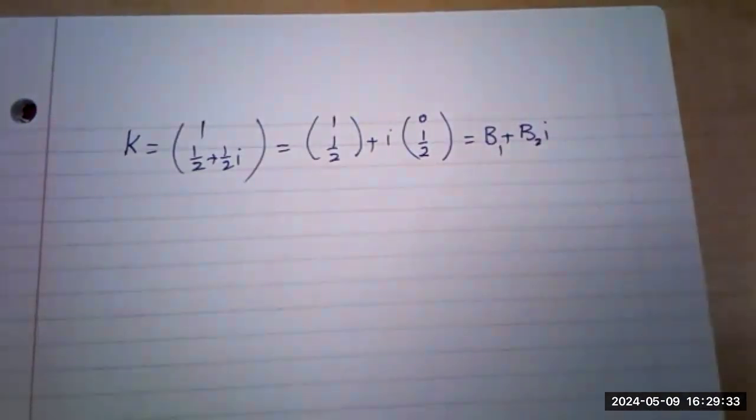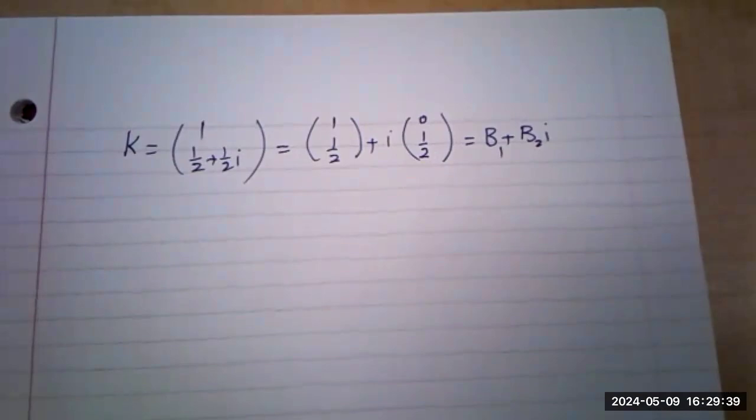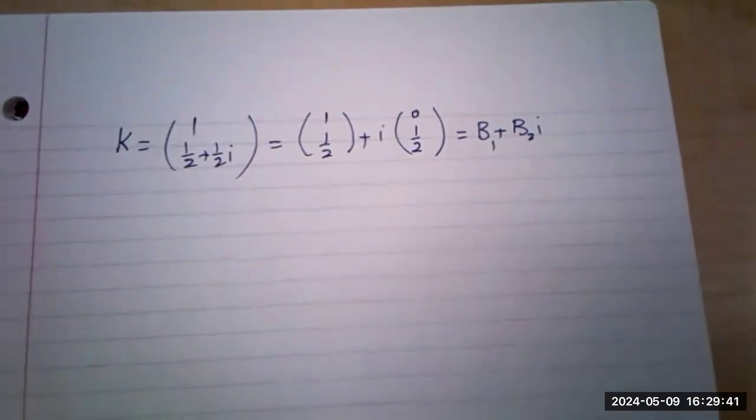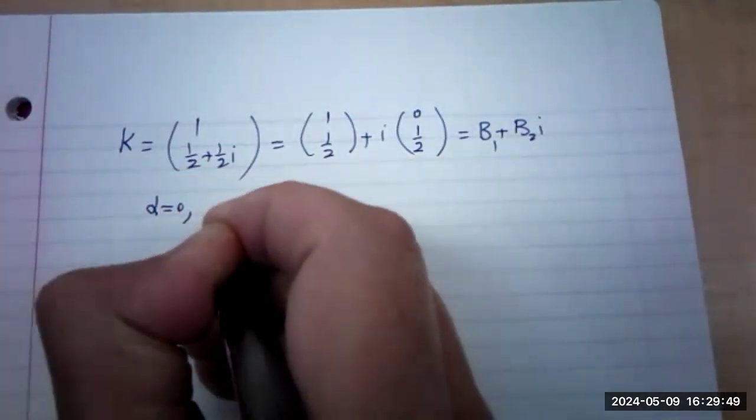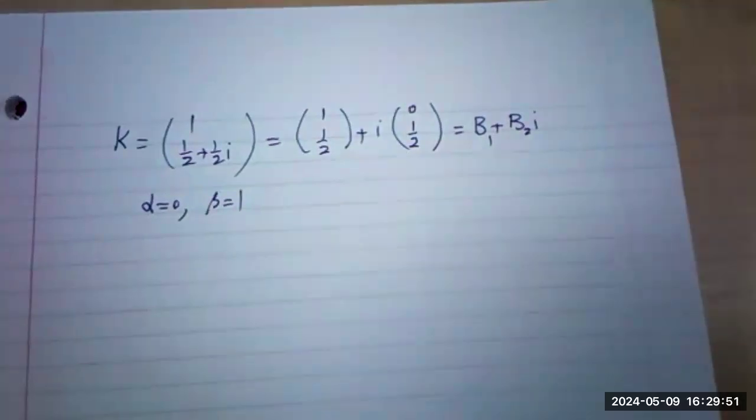The numbers that I use in my notes do it the other way around, but I know you arrive at the same number eventually. Now we are ready to give you the solution. Remember, we already talked about alpha equal to 0 and beta equal to 1.